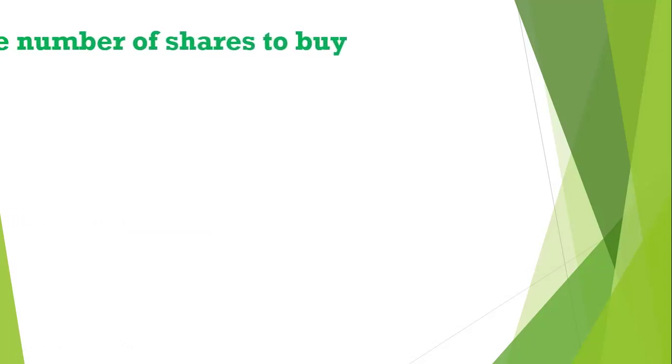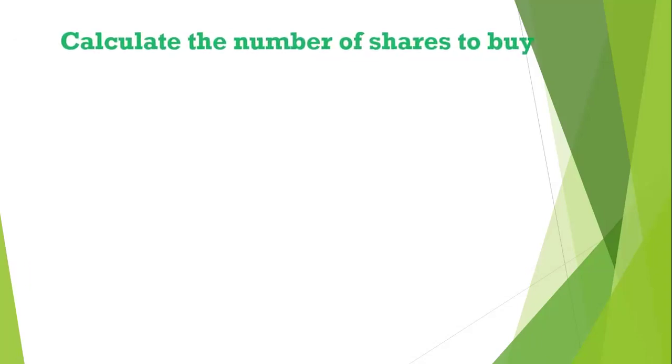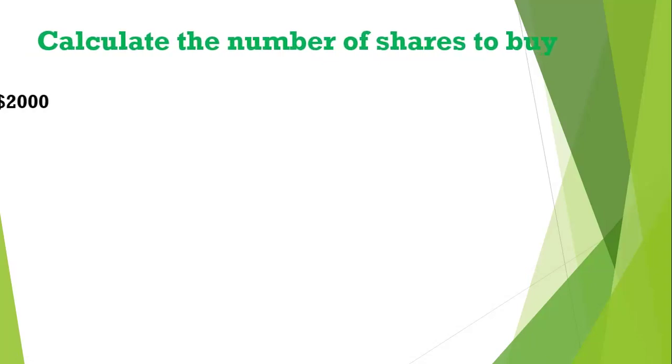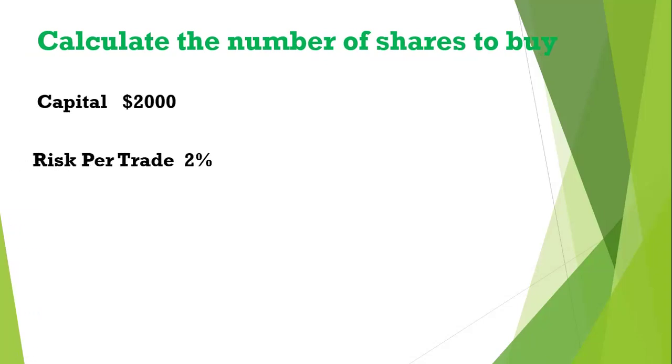Now let's calculate how many shares you're going to buy using this information. How do you know how many shares you're going to buy without losing all your capital? You need to have a plan and see how much money you want to spend and how much money you want to keep in your account as a buffer to see how things go.